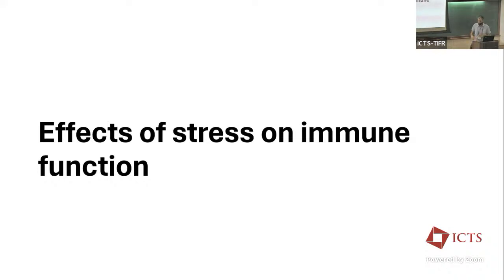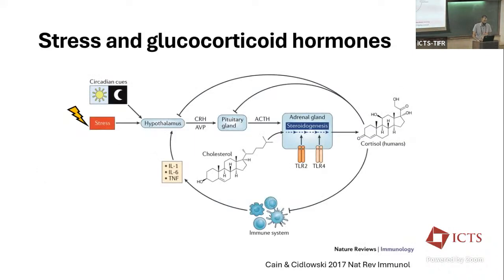Okay, so the next part is really trying to get into the biology of stress and how it links to pathogen shedding and immunity. So most of what we think of as the physiological response to stress is mediated by glucocorticoid hormones, so things like cortisol.